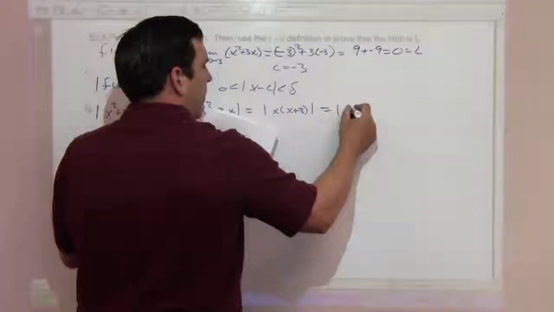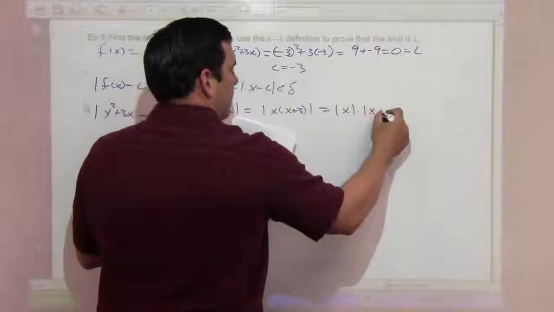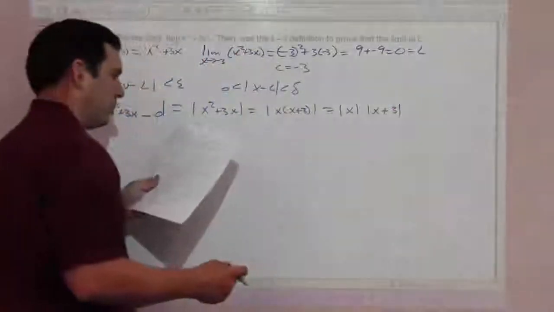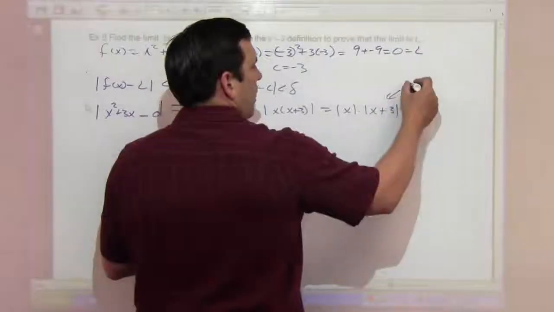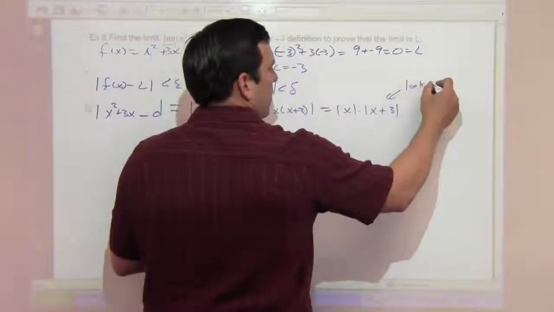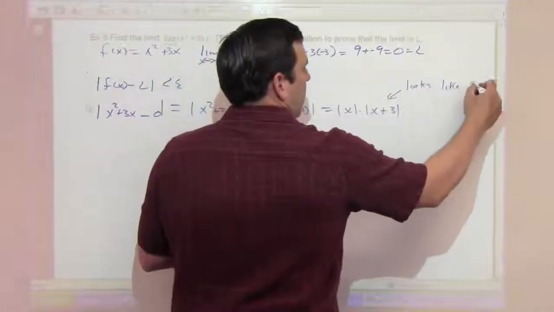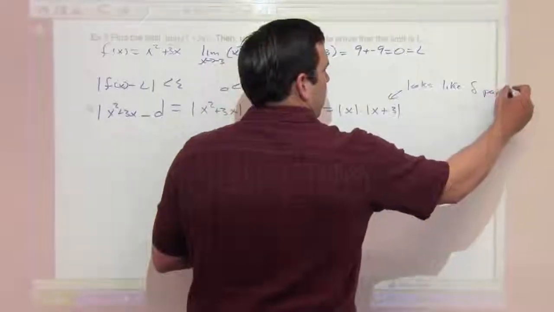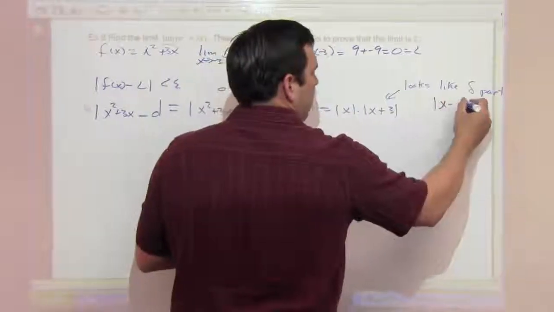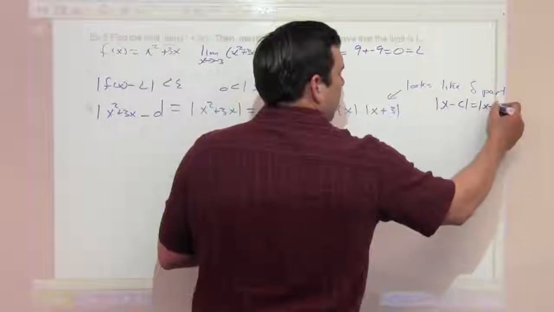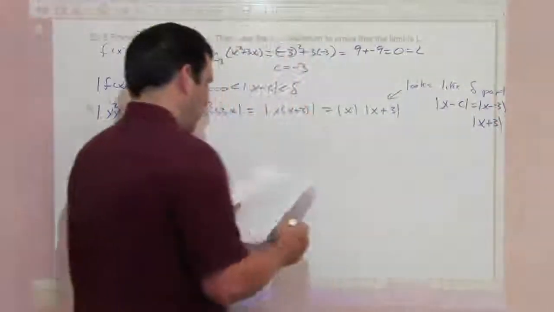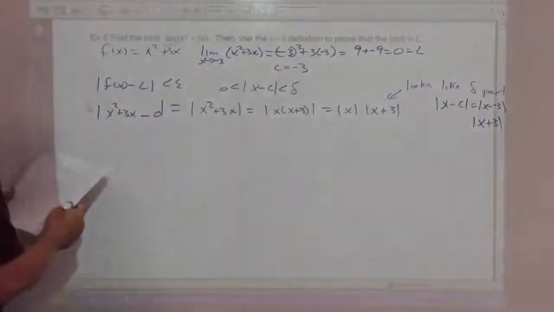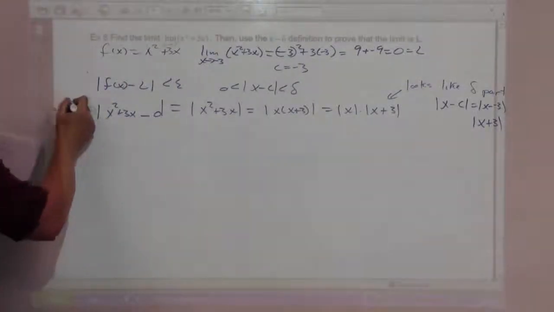And that's going to be the absolute value of x times the absolute value of x plus 3. Now this part is going to look like our delta part, because that's going to be the absolute value of x minus c, the absolute value of x minus negative 3, which is the absolute value of x plus 3. So this is the epsilon portion.